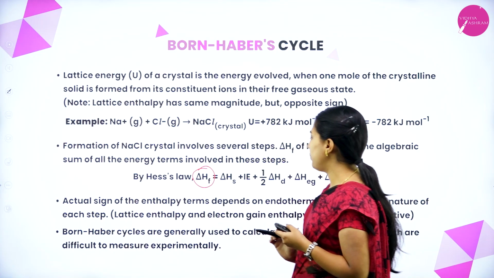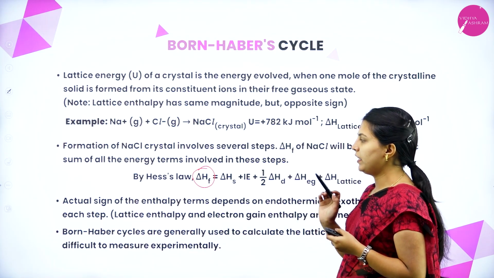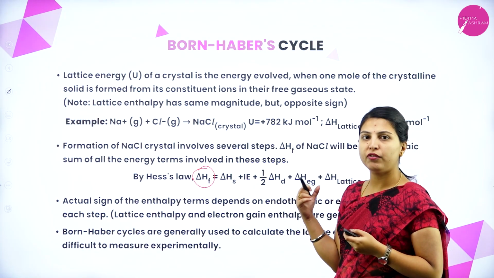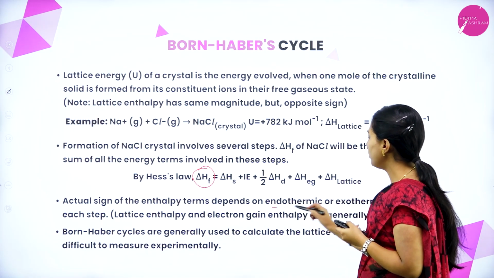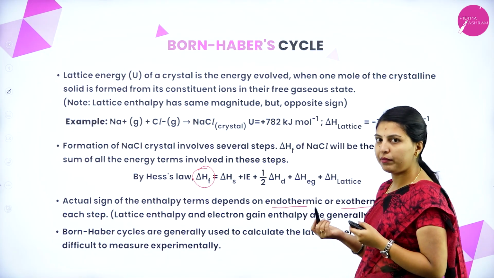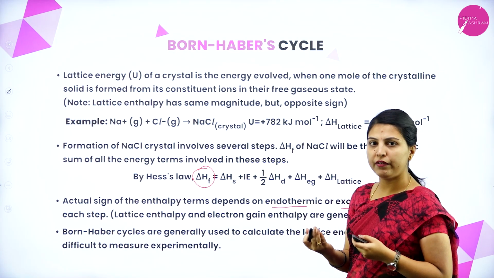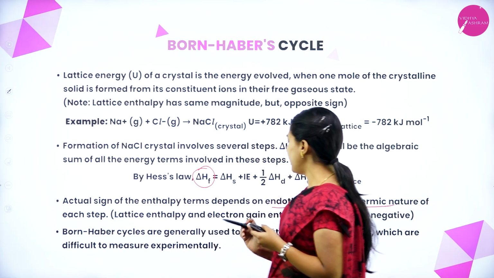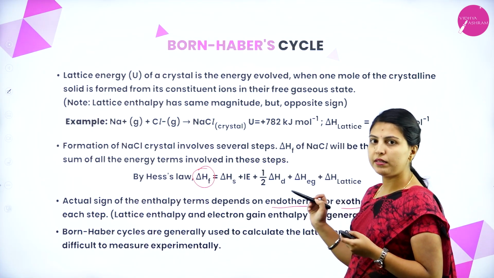The actual sign of the enthalpy terms depends on the endothermic or exothermic nature of each step. Wherever an enthalpy is seen, its sign will depend on whether it is endothermic or exothermic. Endothermic means energy will be absorbed, exothermic means energy will be given out from the crystal. Lattice enthalpy and electron gain enthalpy are generally negative in the Born-Haber cycle.